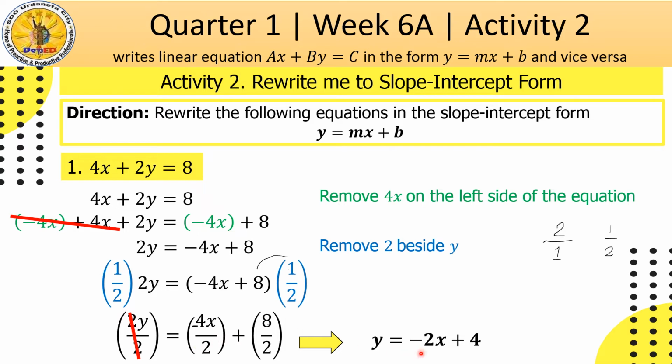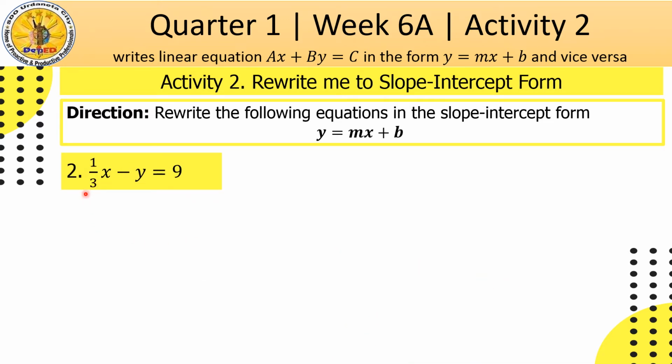So, we write negative 2. Since x here, and we do not have x on the denominator, we will just copy the variable. And then, plus, we have 8 divided by 2, and that is 4. So, this is the slope-intercept form of this equation, and this is our final answer.